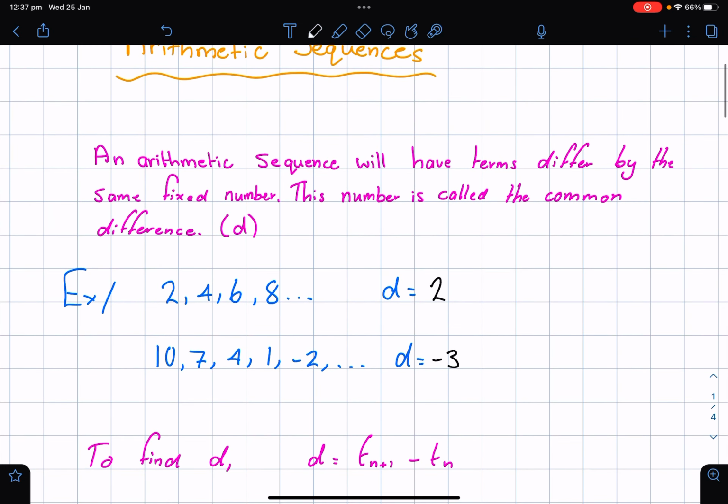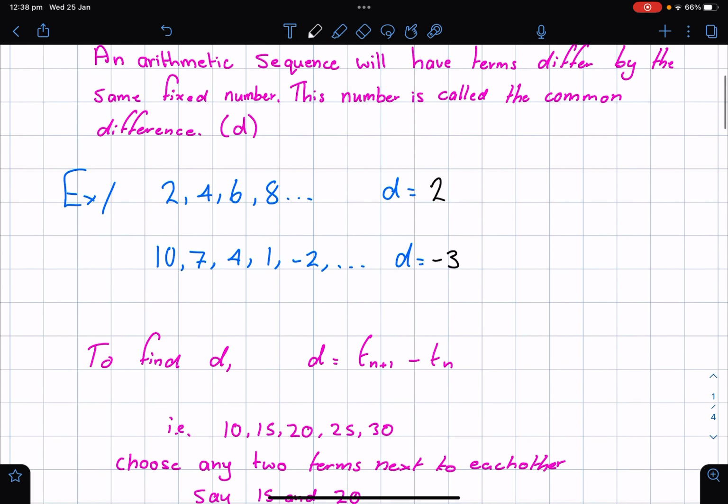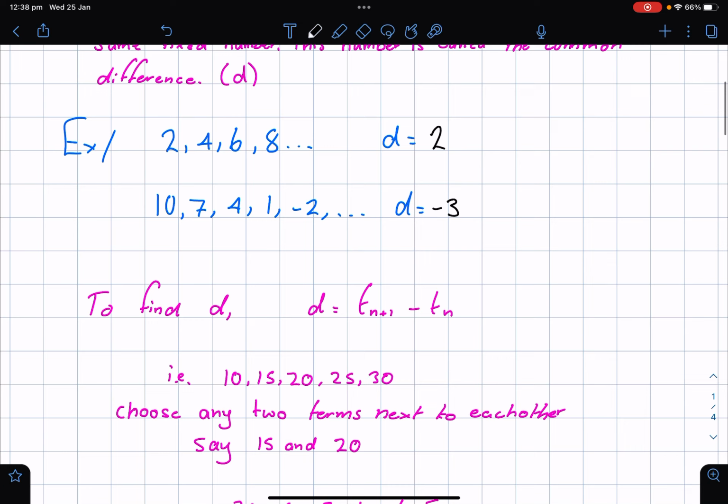Now if we wanted to find a general common difference, and we've got bigger numbers than we're used to working with, we take one term, so t of n plus 1, and we subtract the term that comes before that. Now that looks like this process here. So we've got a sequence here, 10, 15, 20, 25 and 30.